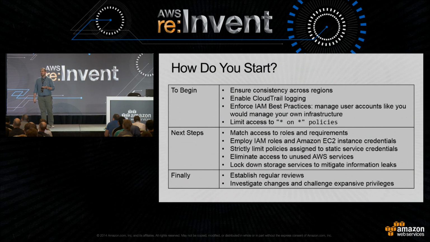So how do you start? If you already have a VPC configuration built, then obviously it's difficult to change. But you should start with the basics and make sure that you're following IAM best practices, that you have CloudTrail logging in place, that you're consistent across your regions, and that you don't have glaring mistakes like star-on-star kinds of policies. From there, it depends, right?